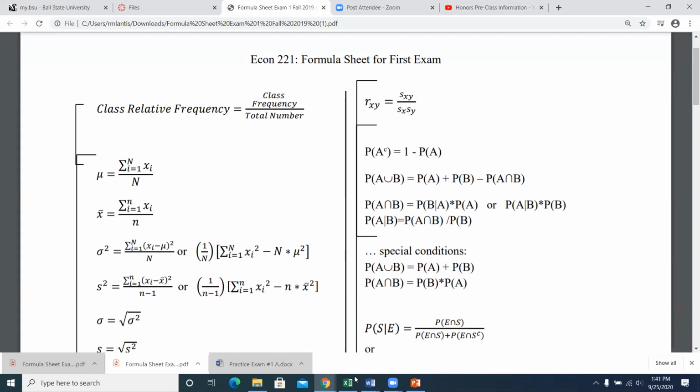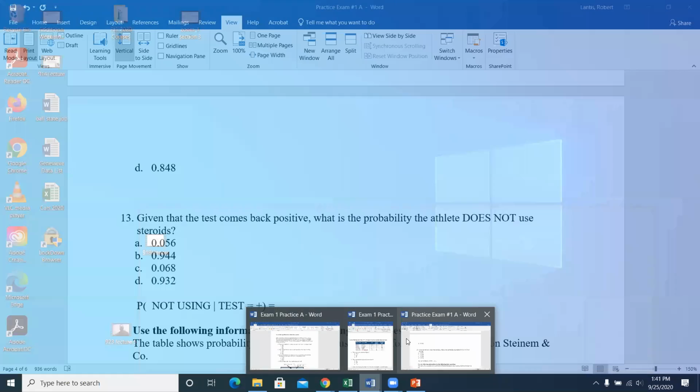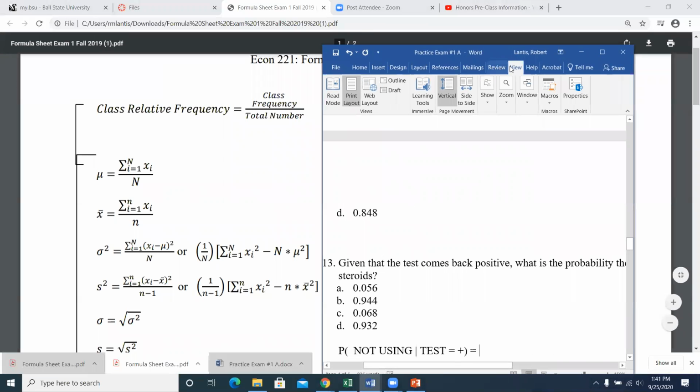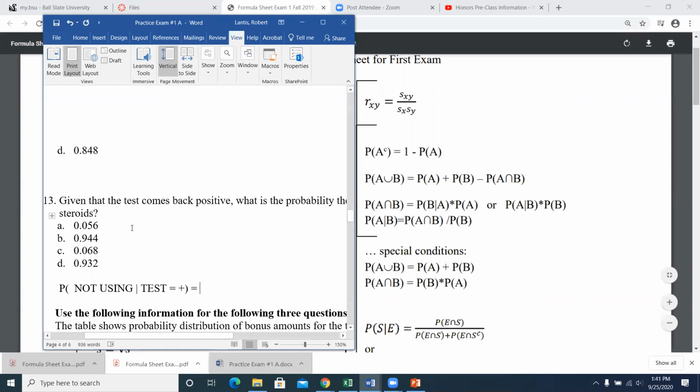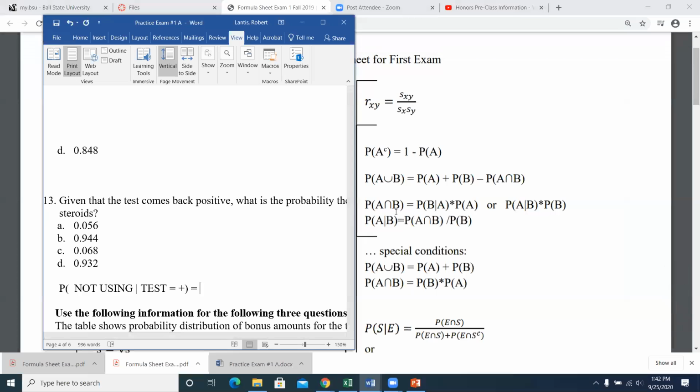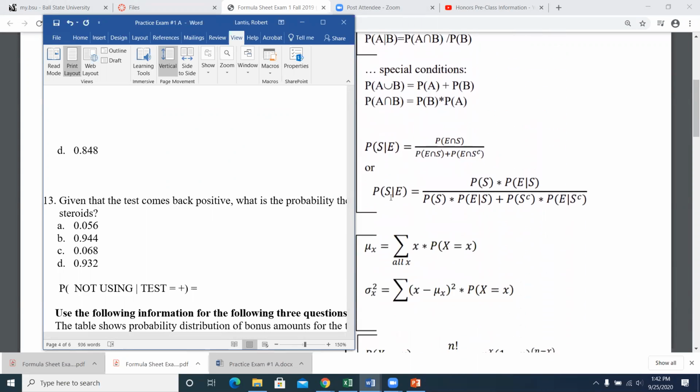The problem is, if I try to do that here and think about what my events are, I'd be dividing by the probability that just the test comes back positive. I don't have that. You can see from the practice exams, they follow a similar order. But usually if you're asked for a conditional probability at this point, this equation is not going to work for you. But we know that we can break this equation down into Bayes' theorem, right?